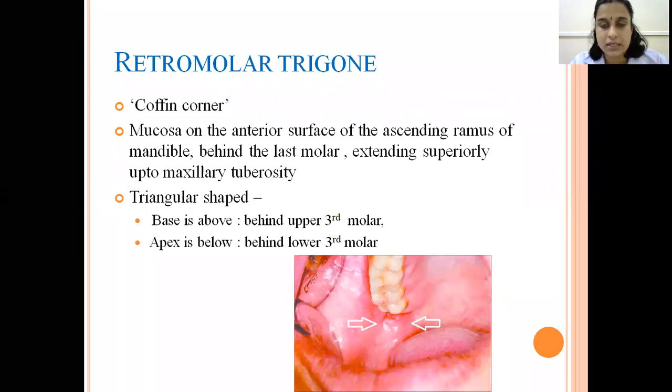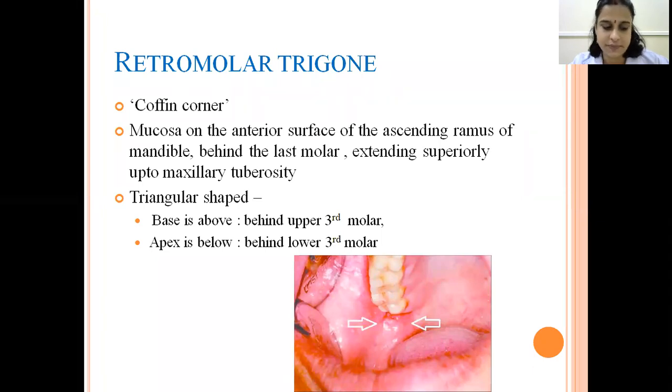Also, the mucosa in this region is separated from the mandible just by the buccal pad of fat. So you can imagine this is a very crucial point involving major portions such as the cheek, the mandible, and also the pharynx. So any pathology in this region has every propensity to extend to these three regions.